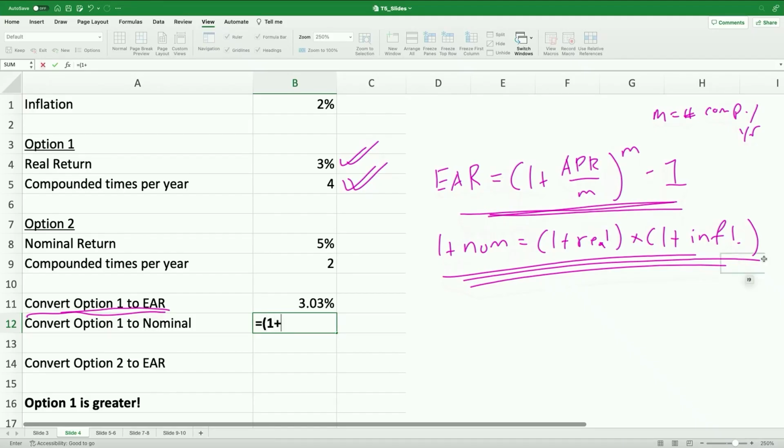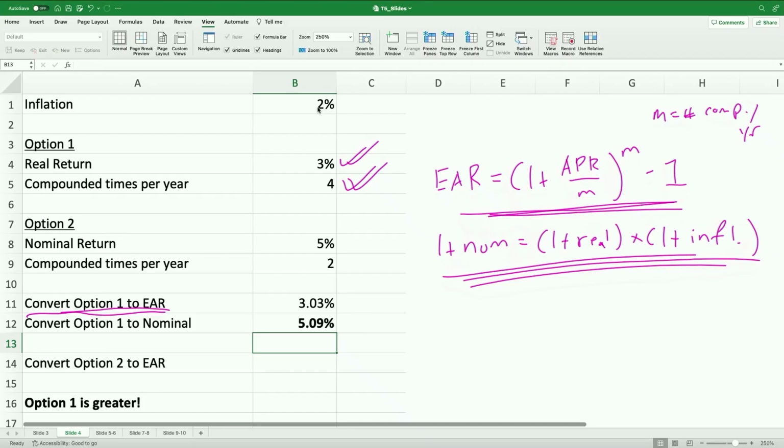It would be 1 plus the real return times 1 plus inflation, minus 1. 5.09%. So option 1 converted to a nominal EAR is 5.09%.